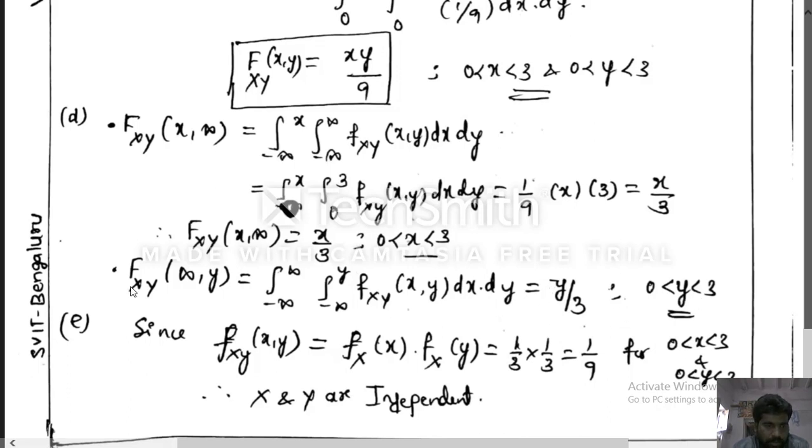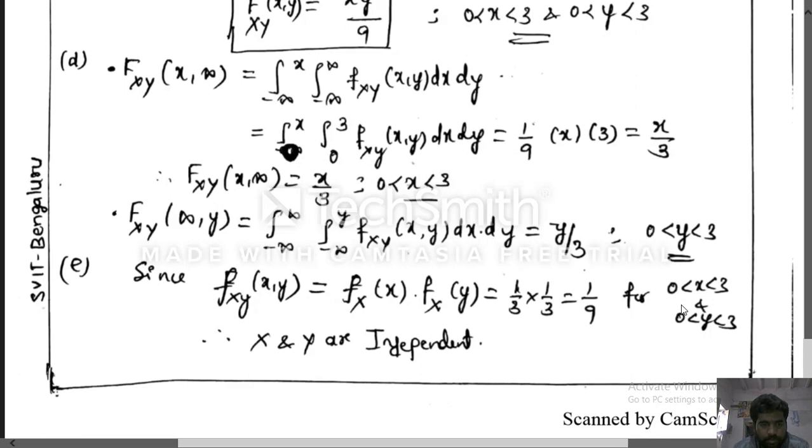So this F_XY of infinity comma y value is the same as F_Y of y. That means the joint CDF is equal to the individual CDF of the random variable y, and that CDF value is y divided by 3 for the values of y between 0 to 3, and it is 0 for any other values of y.